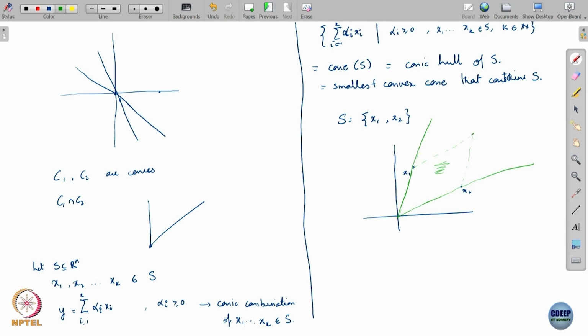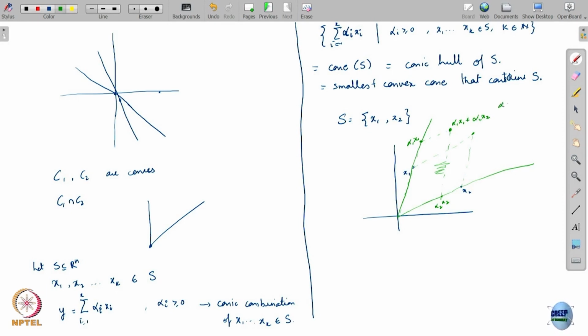So, you have x1, x2, and alpha 1 x1 plus alpha 2 x2 would give you this.